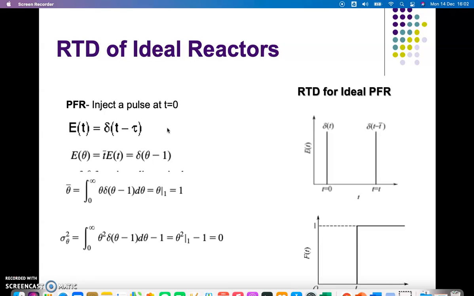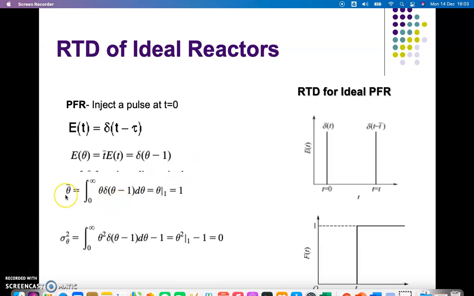When we convert it into a dimensionless equation, it will be this equation, described in equation 5.25 in your textbook. It is E(theta), dimensionless, where theta is your residence time times E(t). So you will end up having this formula instead of this one for the dimensionless.